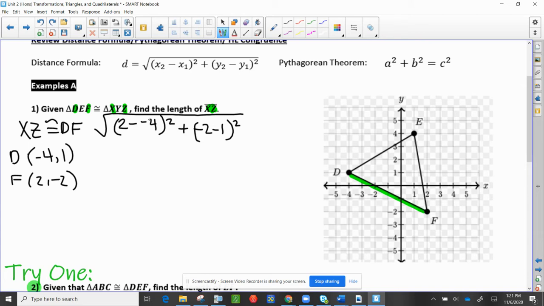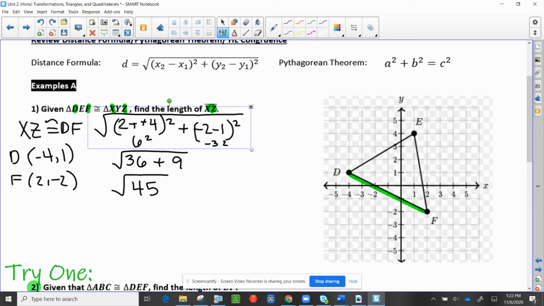So minus minus is going to turn to plus. So this becomes 2 plus 4, which is 6. Here I'll have -2 minus 1, so that's -3. When I square these, 6 squared is 36. -3 squared is +9. So now I'm taking the square root of 45.